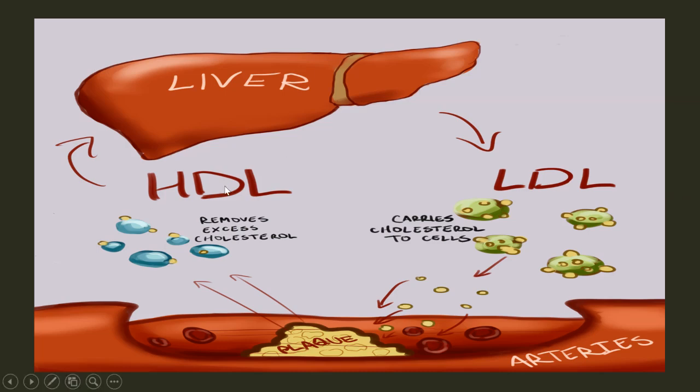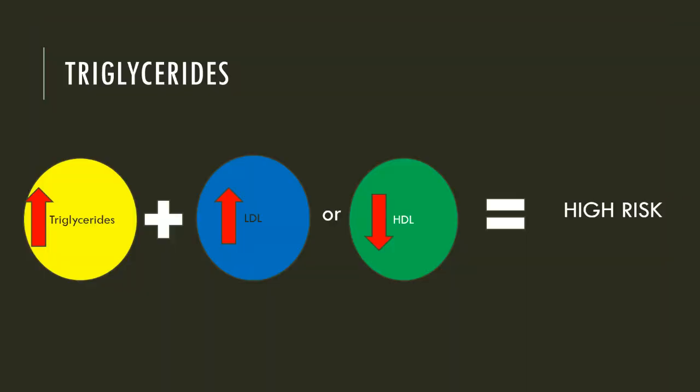The good cholesterol here does the opposite. As it's traveling through the arteries, it's actually picking up or cleaning up the particles left behind by the bad cholesterol and takes them out of the arteries and back to the liver. And that's exactly what you want and need to happen.